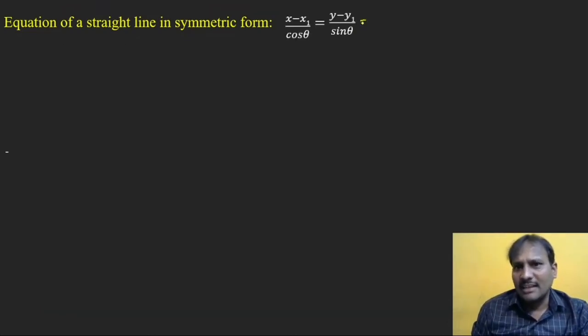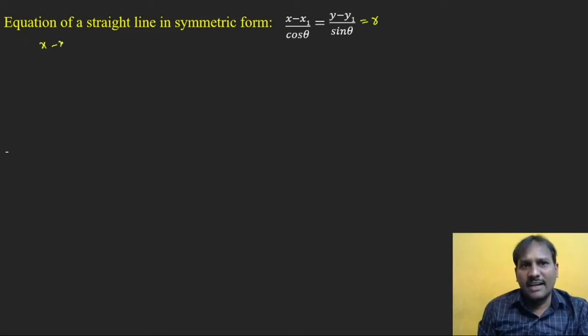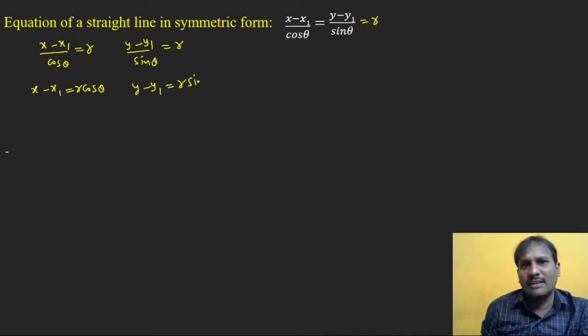Assume that both are equal to r. That is, (x minus x1) by cos theta is equal to r, and (y minus y1) by sin theta is also equal to r. So x minus x1 is equal to r cos theta, and y minus y1 is equal to r sin theta.